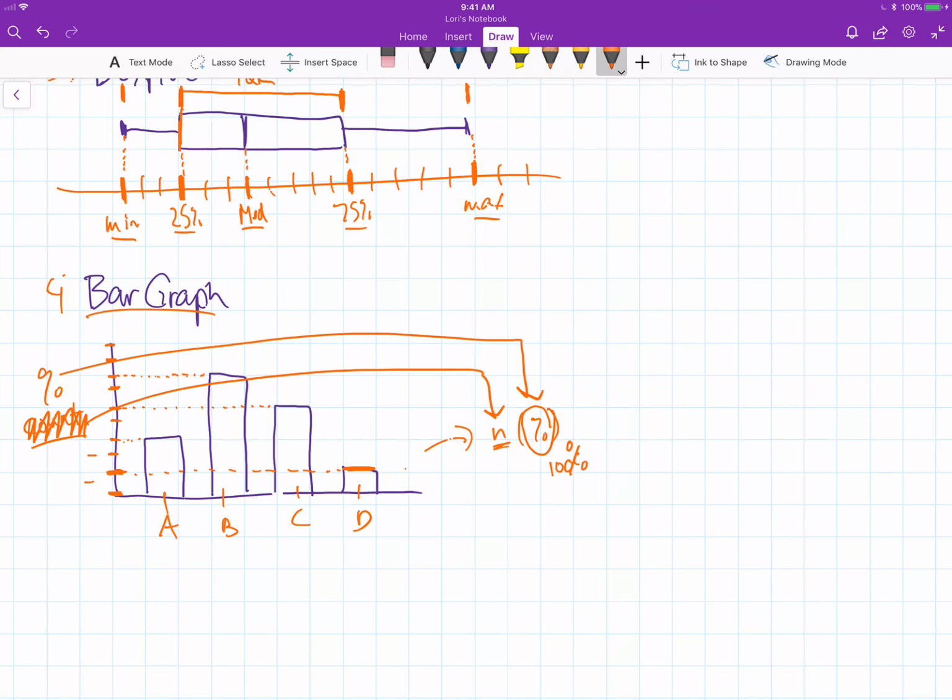Whereas if it's given an n, then all the bars should add up to the total sample size. You would be able to figure that out usually based on how it's labeled over here on the left-hand side. So that concludes my demonstration on how to convert graphs into numbers that would go into a descriptive statistics table.